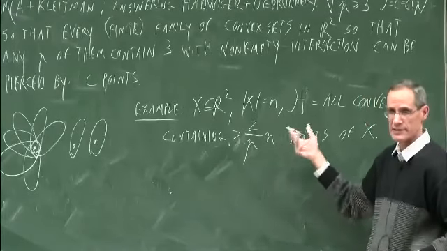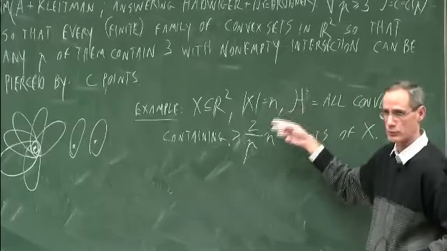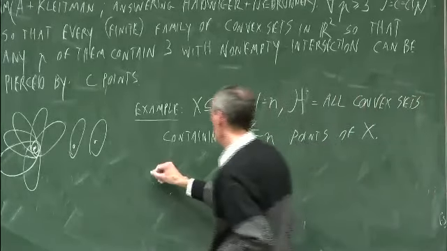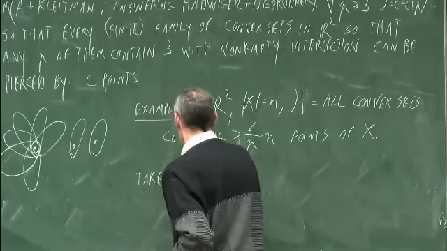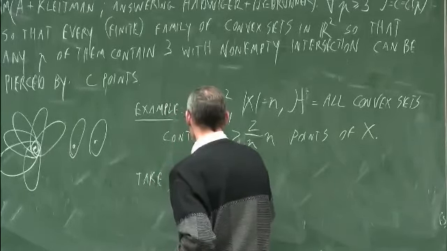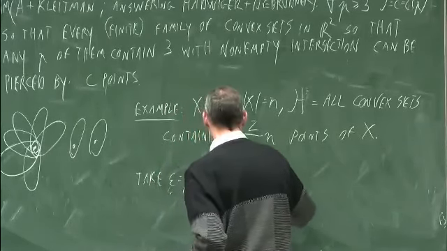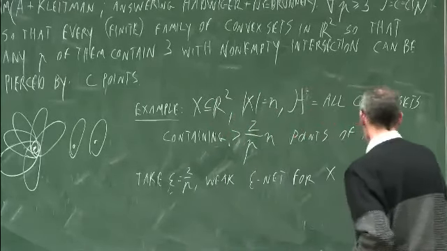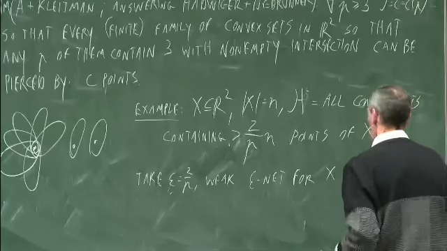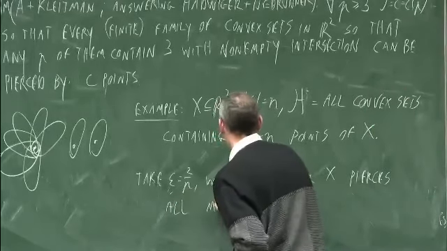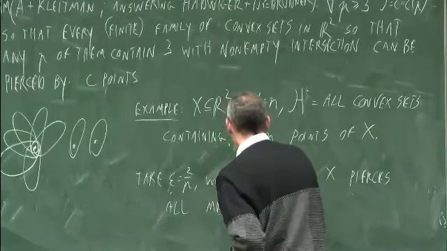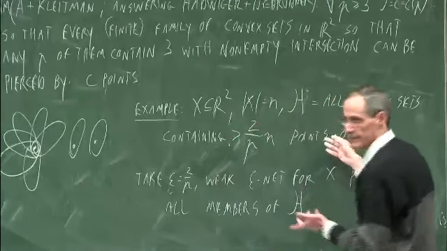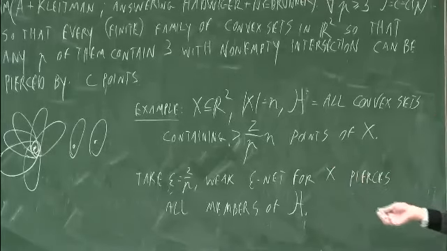And if you think about it, this is exactly an epsilon-net for X with epsilon equal to 2 over p. Right, so take epsilon equals 2 over p, and a weak epsilon-net for X pierces all members of H. So at least for this example, it seems that what you need is exactly this weak epsilon-net.